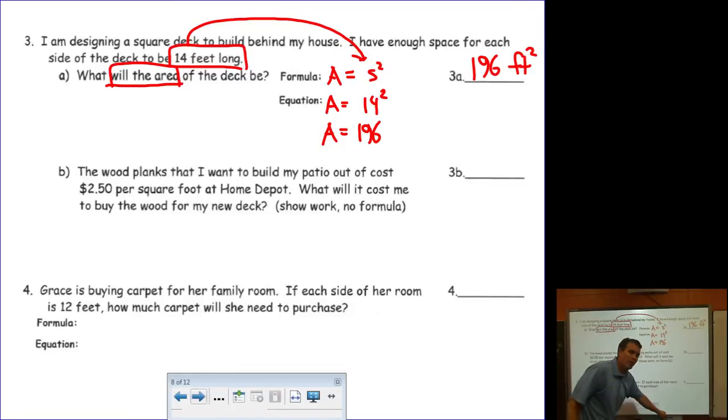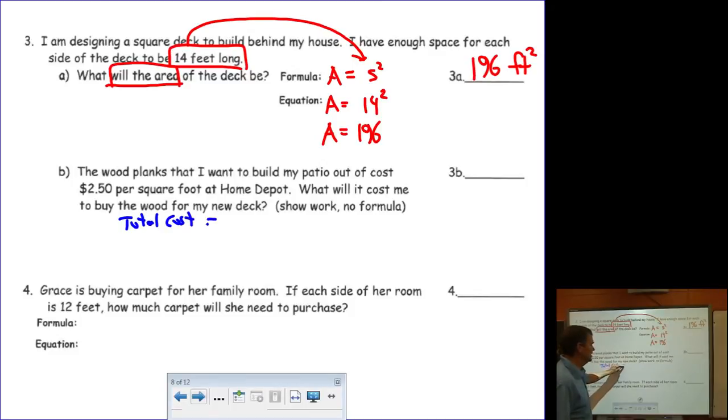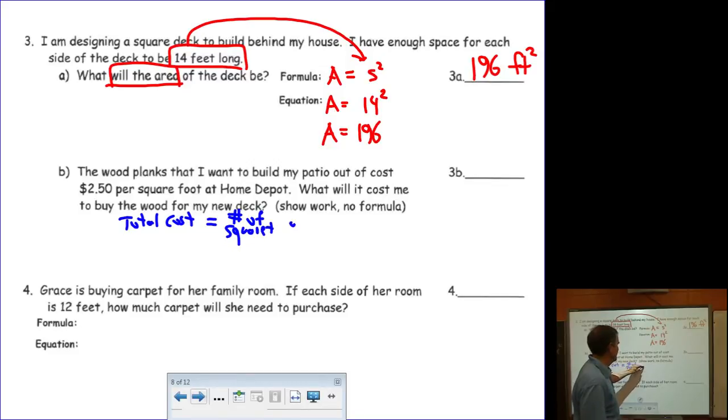Part B wants to know the cost. Well, the total cost is going to equal the number of square feet times the cost per square foot.